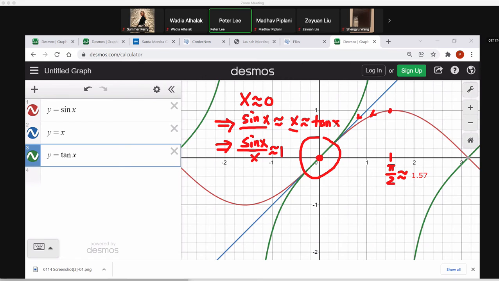Now, why is sine x close to tangent x when x is close to 0? That's because tangent x is actually sine x over cosine x. And when x is close to 0, what is cosine x? This cosine x almost becomes 1.